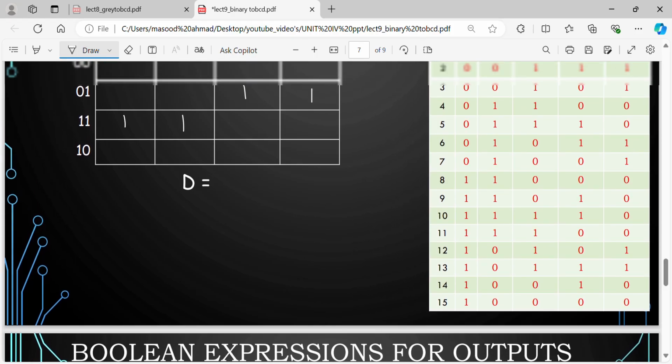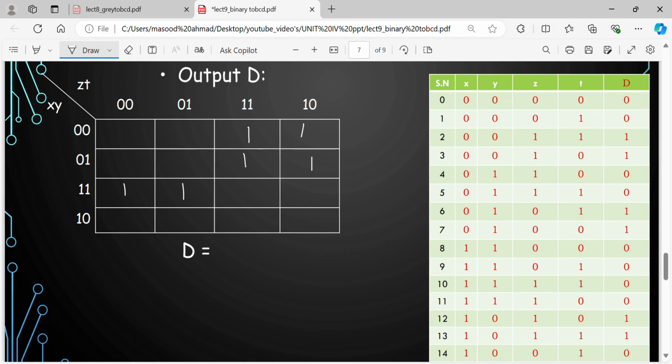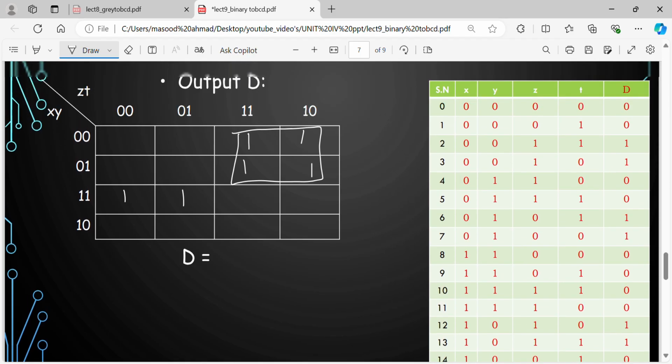Anything more? No more. Totally 6 ones. So these 4 ones you can combine, and these 2 ones you can combine. Are there any don't care terms? No more don't care terms. So no more possibility; this is the only possibility. If you want to write the expression for this, what is the expression for this? It is xy.